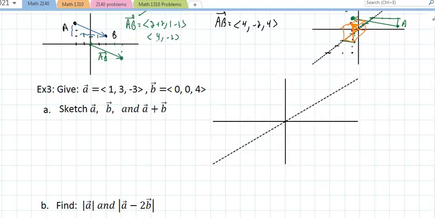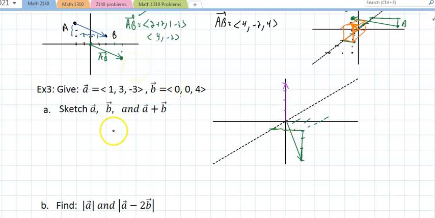So, sketch A. A is 1, 3, and -3. A is right there. B is 0, 0, 4. B is simply running straight.